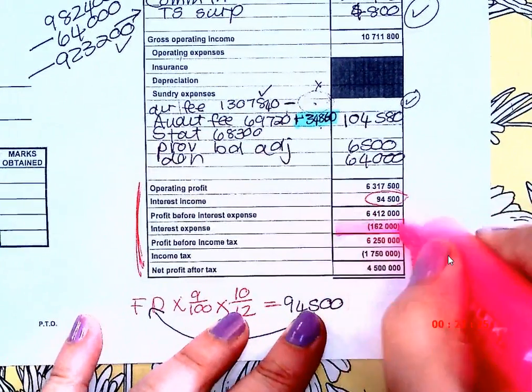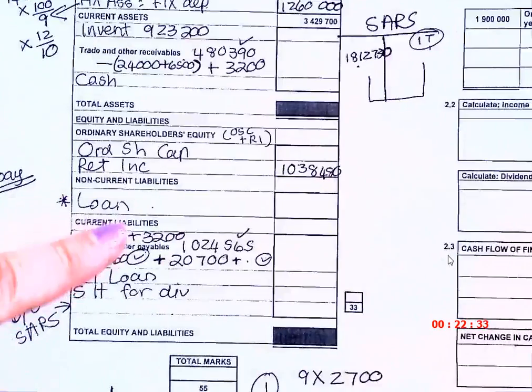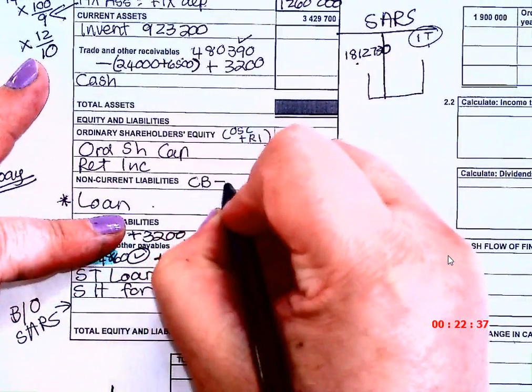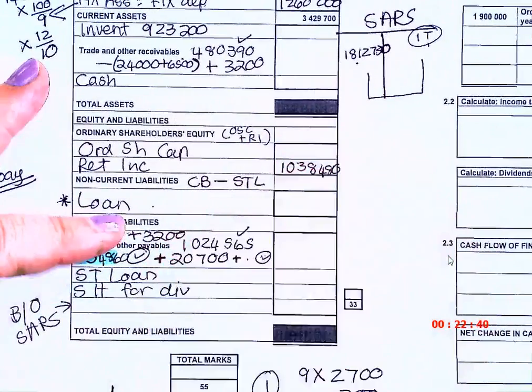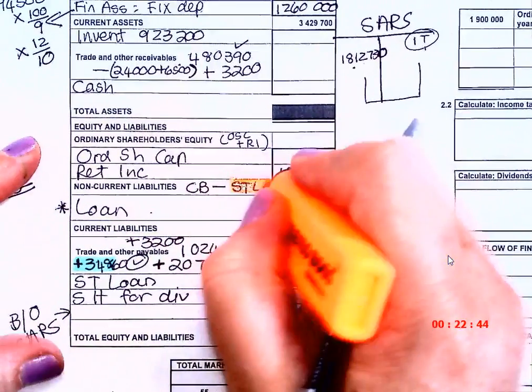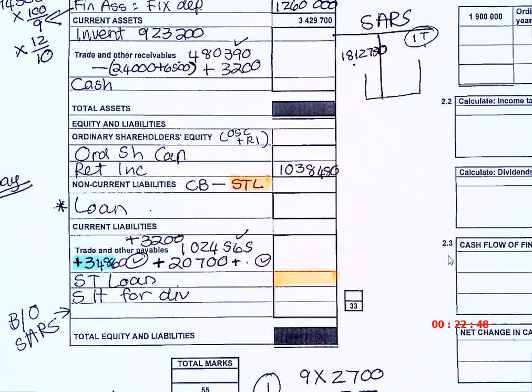They already gave me my interest expense is 162. Okay? So that's already given to you. Now, next thing, what do I know here? I want the closing balance less the short-term loan. And here's your easy mark. Your easy mark is that short-term loan is the same amount that goes there.